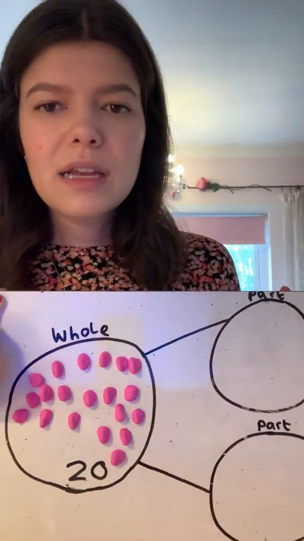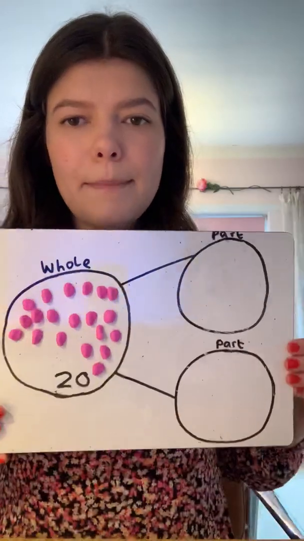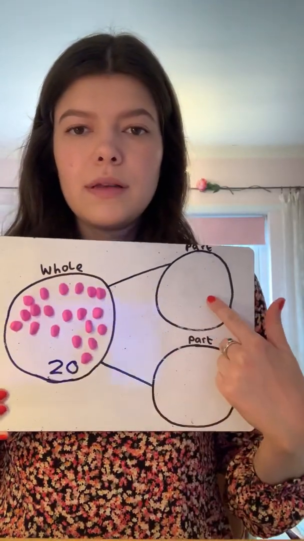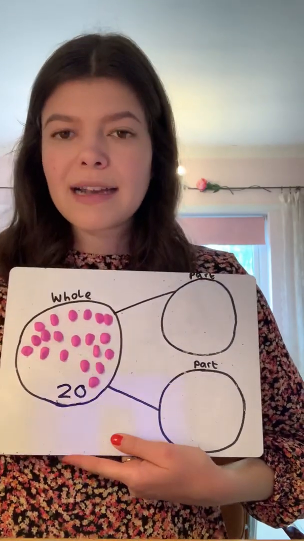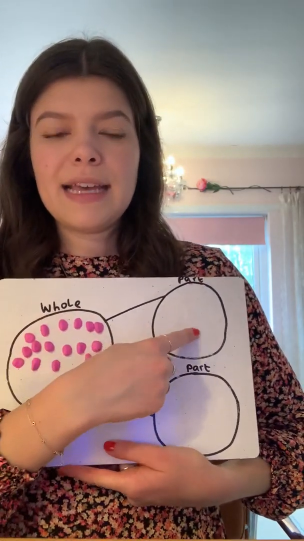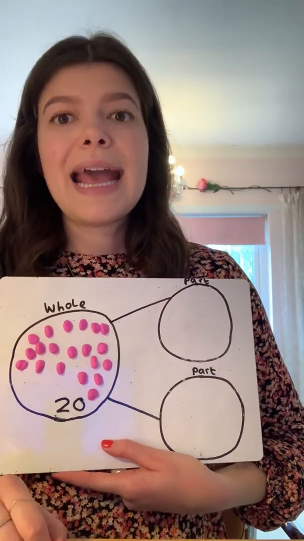Now what I want to do, let me just move the computer back a little bit, is I'm going to take away an amount from 20. So I decide on a number that I want to take away or subtract, and I'm going to move that many into my first part. I'm going to take away 8.